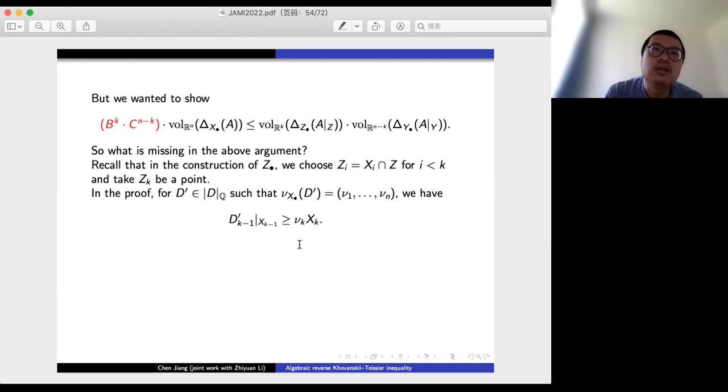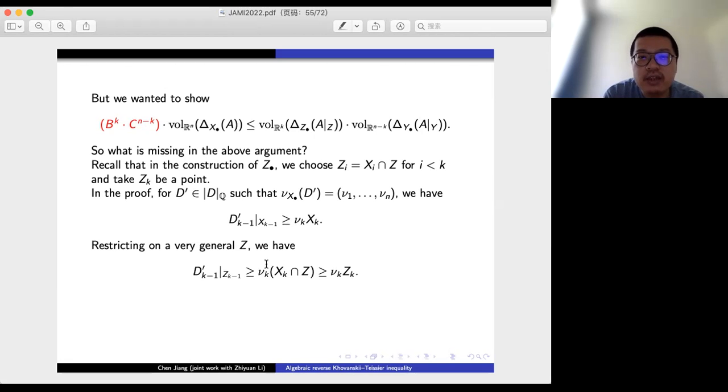And then by restricting on Z, what we get is that the restriction of this divisor is bigger than nu_k times a set of points. And then we just choose one point. So by doing this, we lost the information in the middle. Actually in the middle, there are n points where n is equal to this red number. But we throw away n minus 1 of them, and we keep 1. And by doing this, we lost much information.